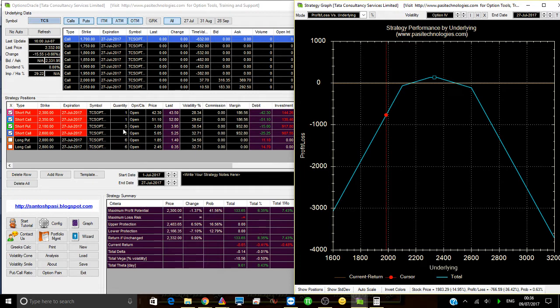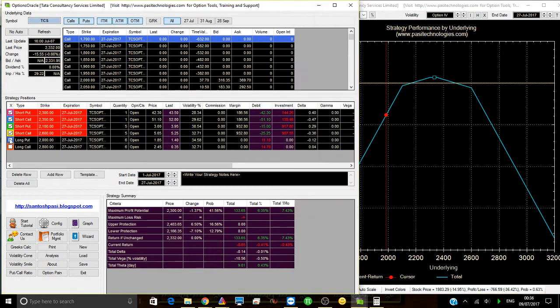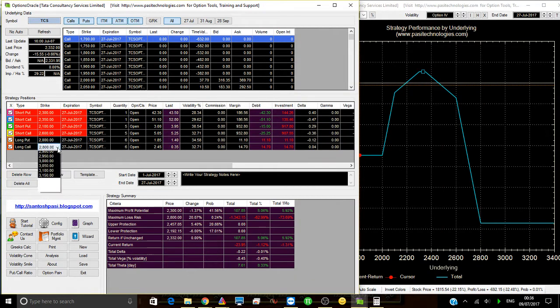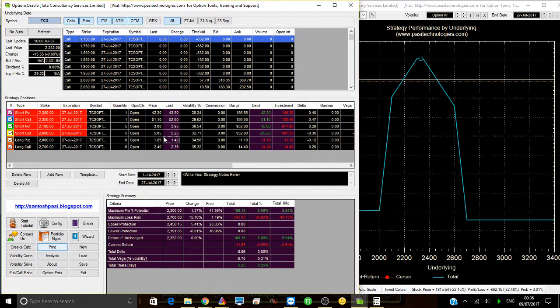I'm selling 5 lots as against 1 lot there, and to reduce my risks, I have to buy the insurance on each of the sides. This should be 2700. So if I do this, it gives me a spread of 5.4 and minus 6 percent on the lower side, with about 5% maximum win potential.